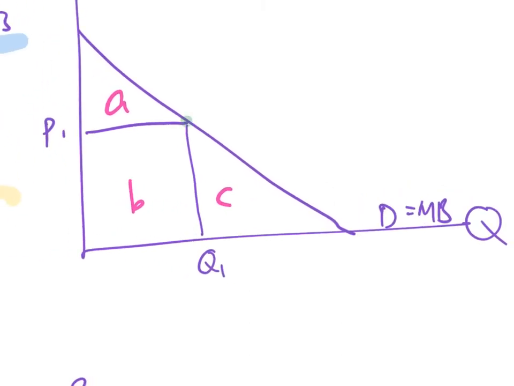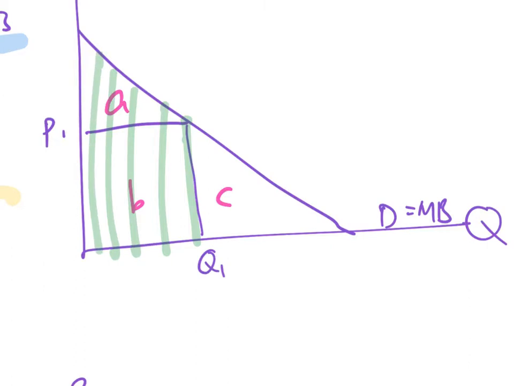For example, at this quantity, the benefit of that quantity would be this vertical distance. But when we consume Q1, for example 10 units, actually we enjoy the first to the ninth units, okay?